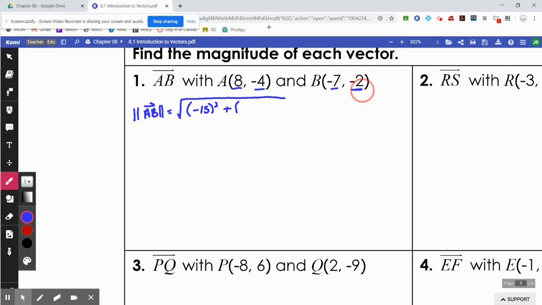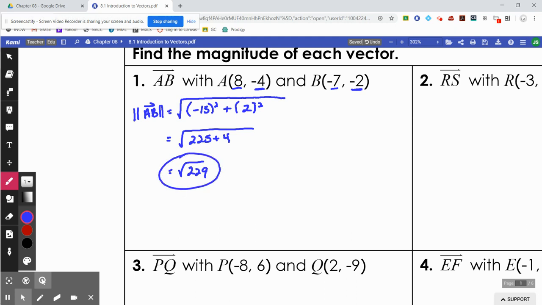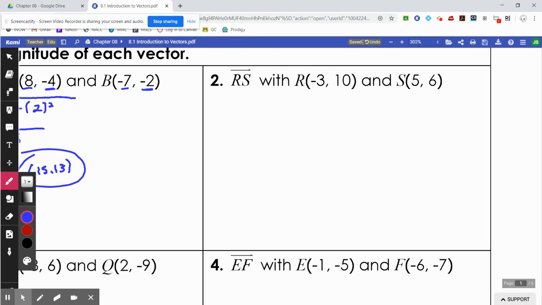Now you've got to be careful. That's -2 minus -4, which would be -2 plus 4 squared. So that's going to be the square root of 225 plus 4, which is the square root of 229. That answer is fine, or it's somewhere around 15.13 if you want to put the approximate answer. Either one of those is fine.